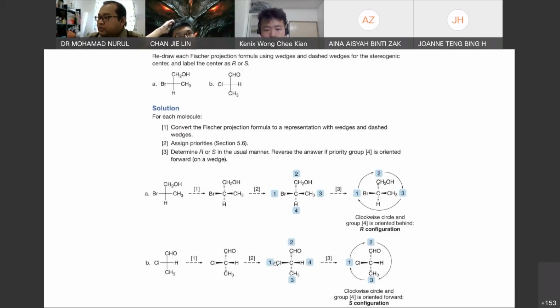Comparing the aldehyde and the CH3, the aldehyde will be number 2 because it has a carbonyl. That carbon attaches to 2 oxygens, while the carbon here attaches to 3 protons. And again this one is priority number 4. So with a clockwise circle and group 4 oriented forwards, it is the S configuration.